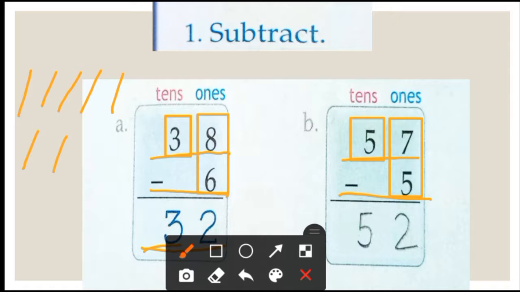Now we have to cut 5 lines. 1, 2, 3, 4, 5. Now we will count our remaining lines, and the lines are 1 and 2. It means 7 minus 5, the answer is 2, and we will write it in our ones part.